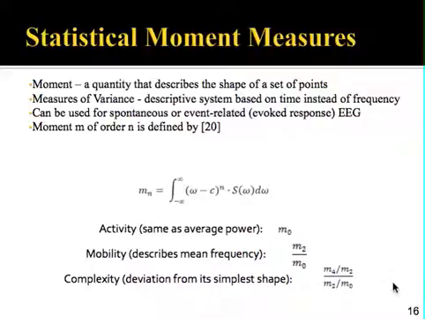So they're just interesting because they do give some indication of the shape of the EEG in the time domain. And there aren't very many others. The wavelet transform, which we'll talk about shortly, sort of does that, but not quite in the same way. So anyway, the Hjorth parameters were introduced in the mid-1990s.